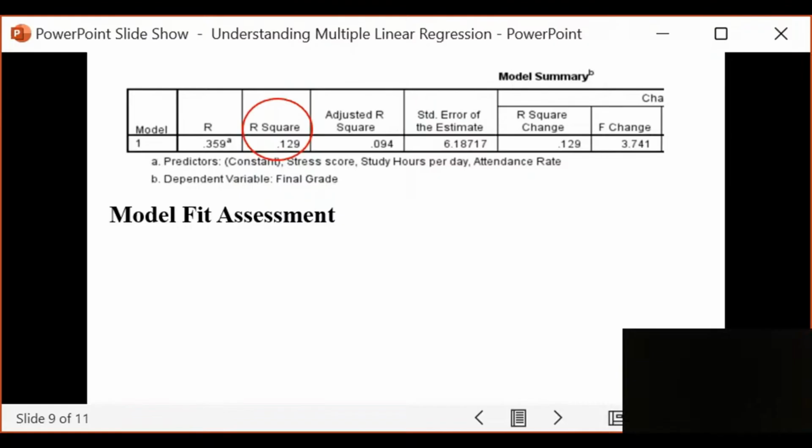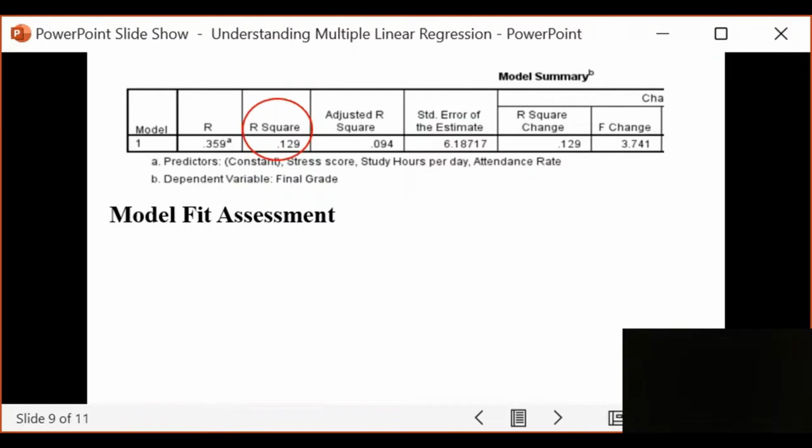This means that roughly 13%, malapit lang naman yan, 12.9 is approximately 13% of the variation in students' final grades can be explained by these three predictors when combined. In other words, our model explains a small portion of the total variation, suggesting that other factors... ilan yung other factors?